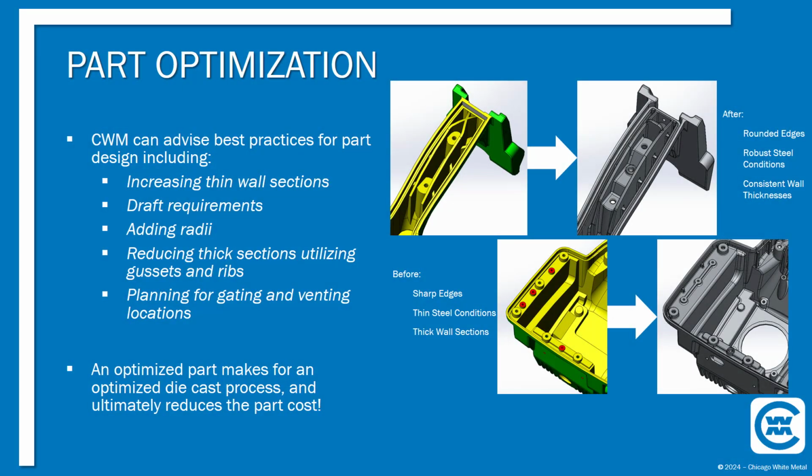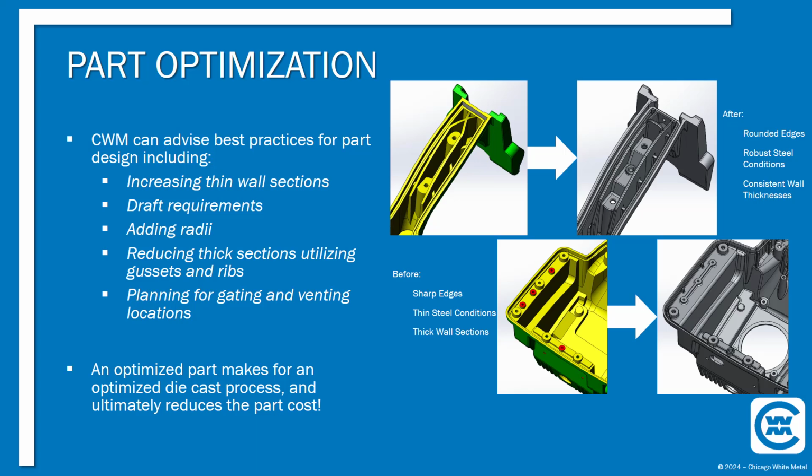So we'll talk about some part optimization techniques and strategies. Again, I would just suggest, contact us. We'll be happy to take a look at your product. This is the type of analysis we'll go through where we start looking at the initial design you're going to send. We're going to give you some feedback on, okay, there's maybe some thin wall conditions, thick wall conditions, add some draft, add some radii, just the general things we take a look at when we see an initial model.